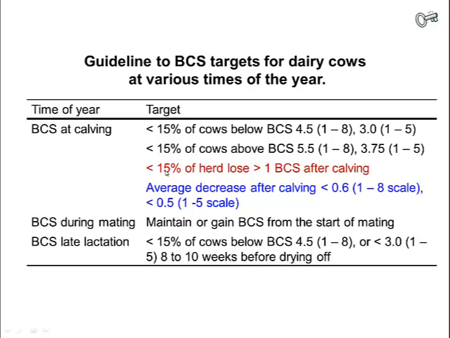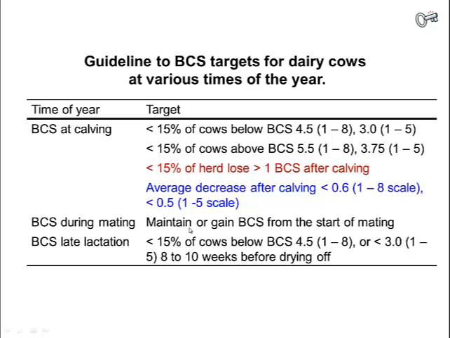Now, following calving, we don't want more than 15% of the herd to lose more than 1 body condition score. And the average decrease after calving is about half a body condition score on a 1 to 8 scale. So all cows will generally lose some weight following calving, but we don't want them to lose too much.